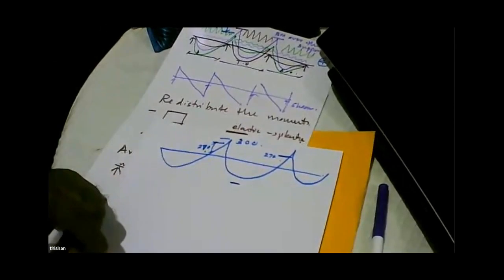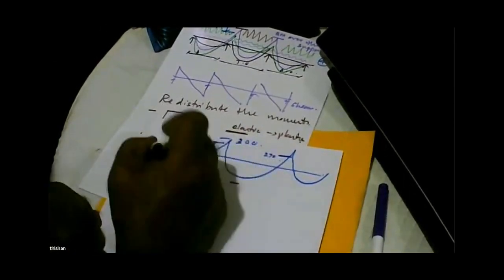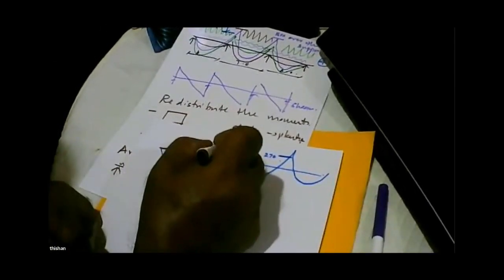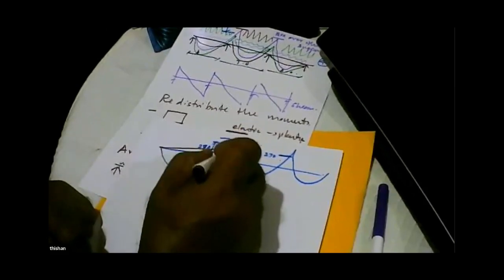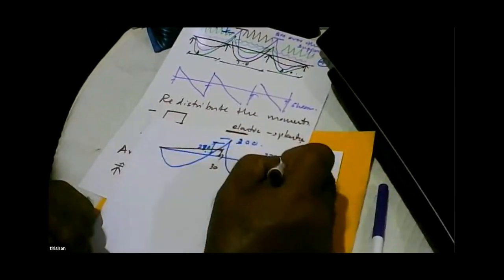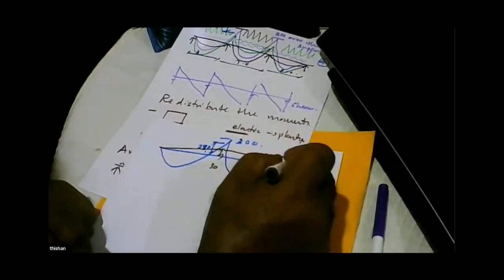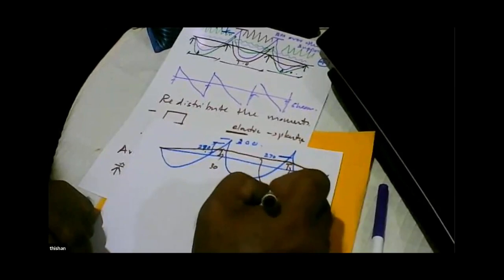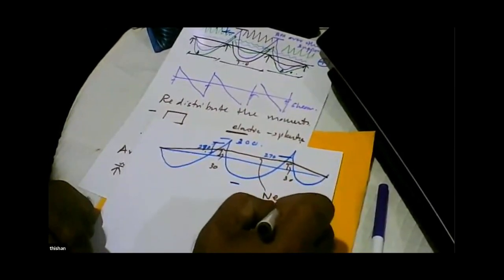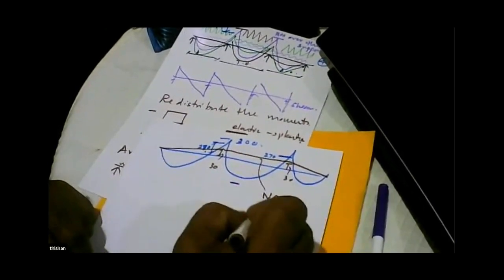This moment should be increased. So how do you find how much to be increased? What you do is you draw a line here with 30 here, 30 here, and use this as a new origin of the bending moment diagram.